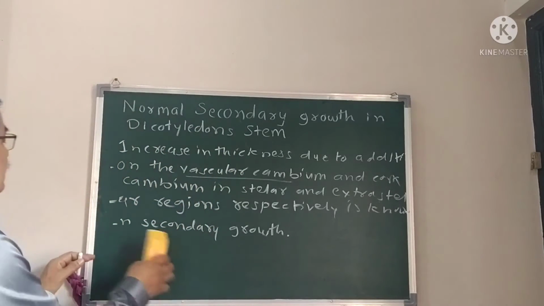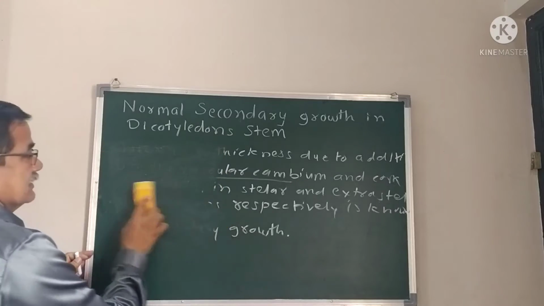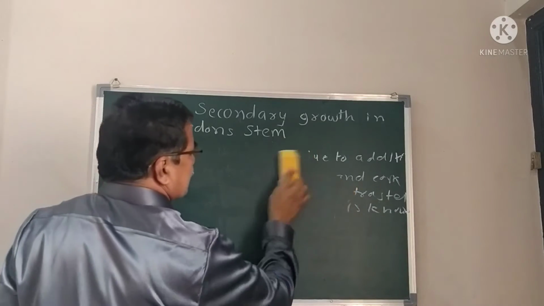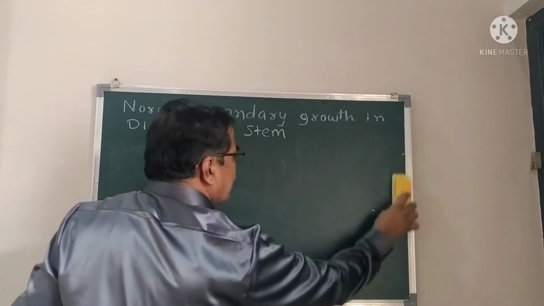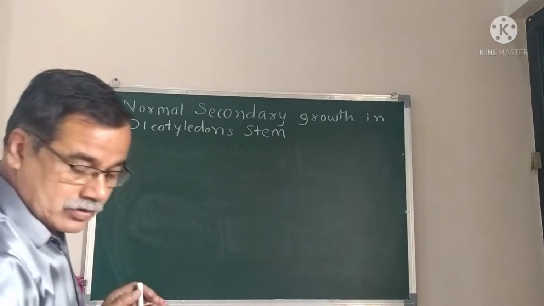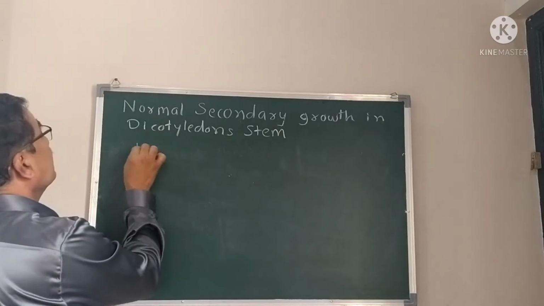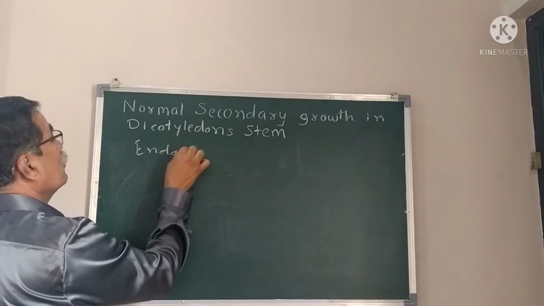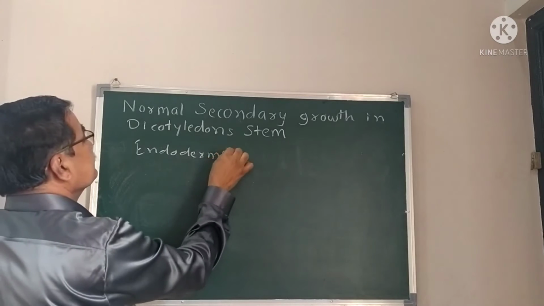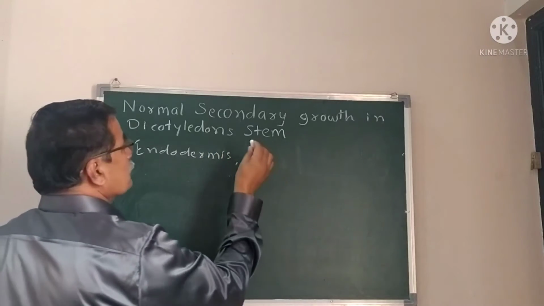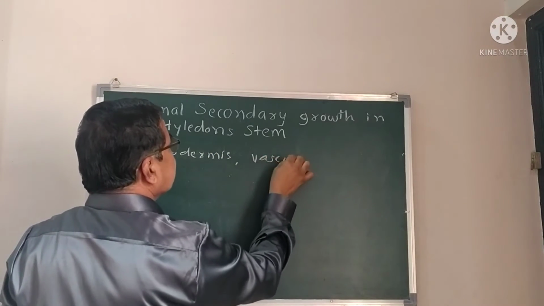Secondary growth takes place only in the dicot stem and the dicotyledon root, because there is a perfect endodermis and there is formation of the vascular cambium.